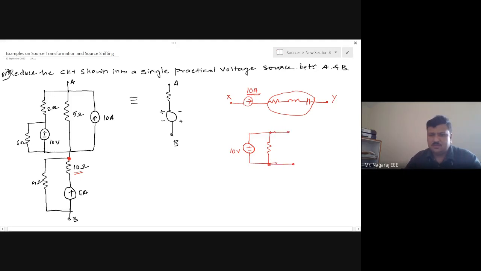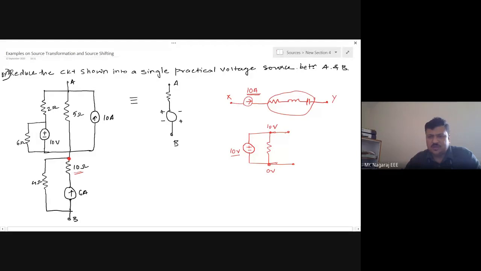Because the voltage value here is 10 volts, and here it is 0 volts. Negative indicates 0, positive indicates the source value. This is how the batteries have been read so far. Positive higher potential point means the source value, lower potential point means 0 volts. This we know already. So this is 10 volts and 0 volts.